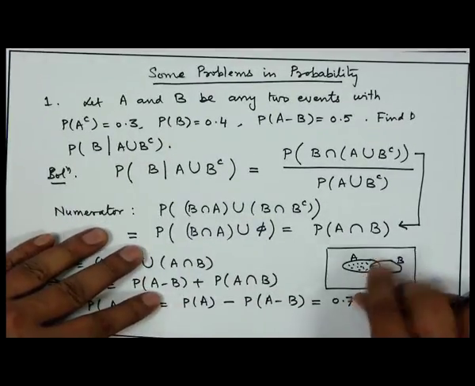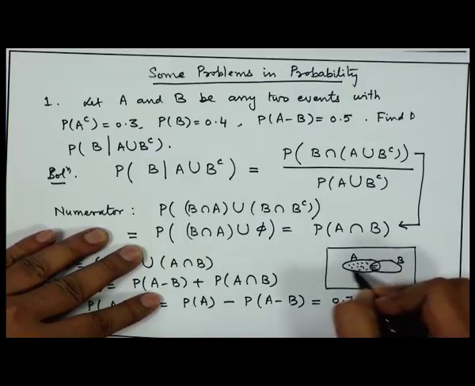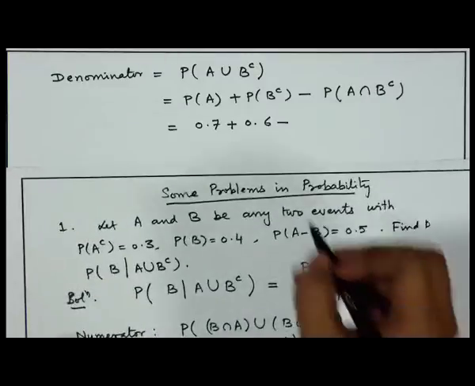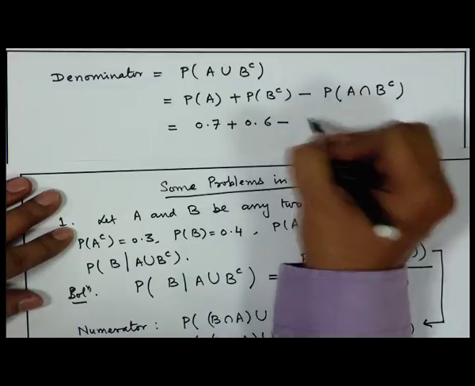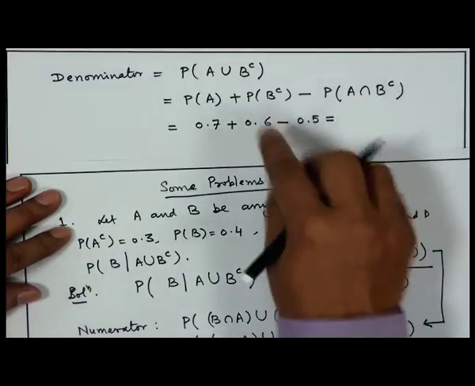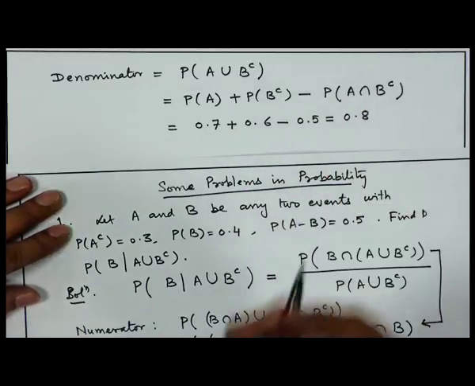From the Venn diagram you can see B complement is this entire portion, and the intersection of B complement with A is exactly this portion, which I wrote as A minus B. So, A minus B and A intersection B complement are the same. So, that is equal to 0.5. So, you can evaluate it, this is equal to 0.8.